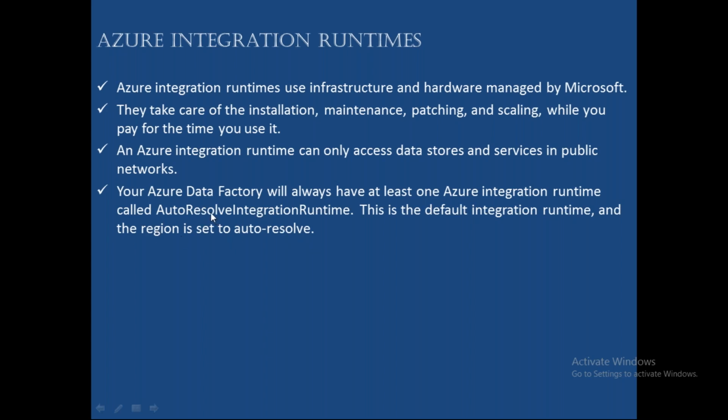Okay, so let me explain now, and if I explain again, you will have better clarity. The region is set to auto resolve. What it means is, for example, I am copying data from India to US. Now this server should be there in US, because my target is US.